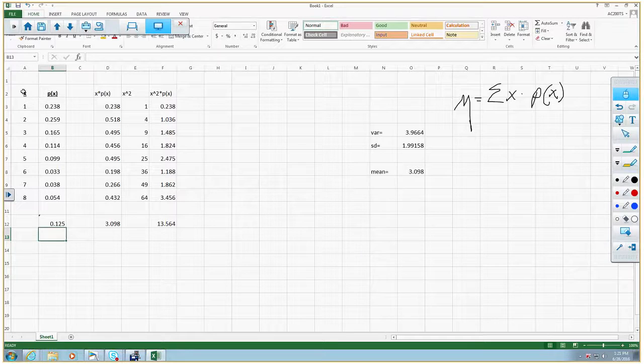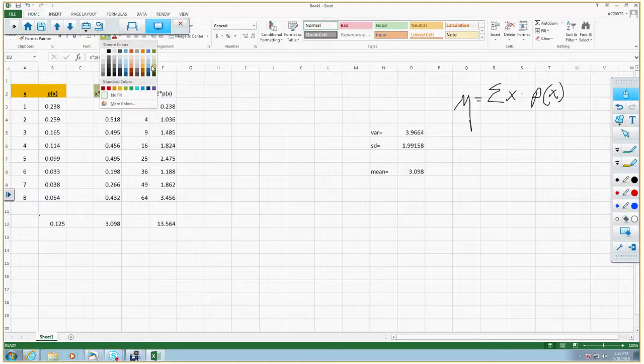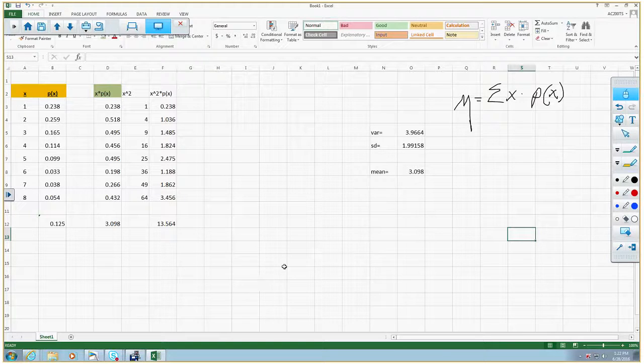Well, here it is. I'll even highlight it for you. There it is. And here is the column where I take x and I multiply it by P of x. Right there. Capiche? And that's how you do 6.1.